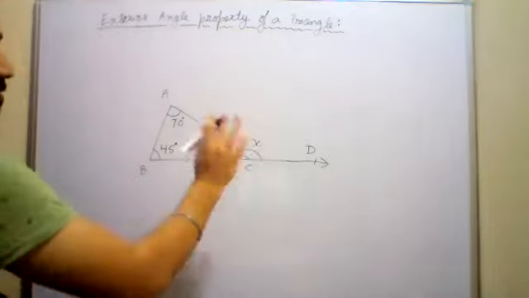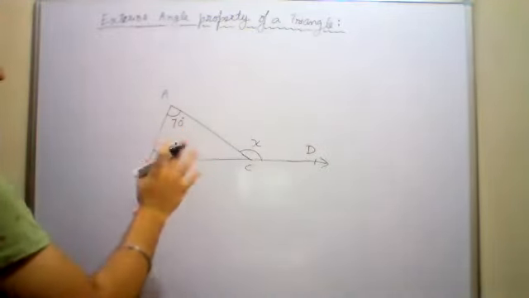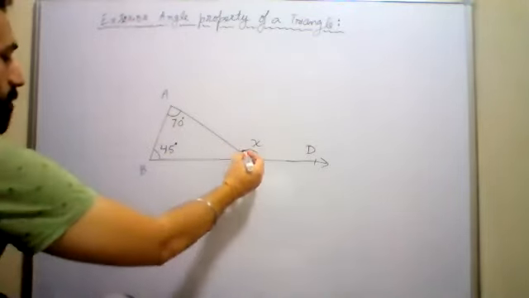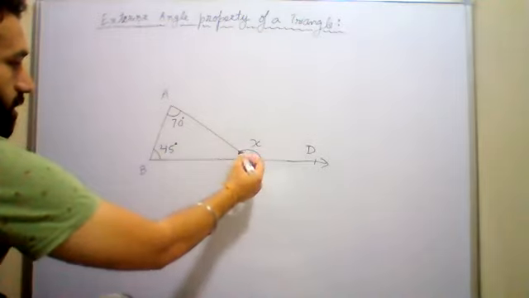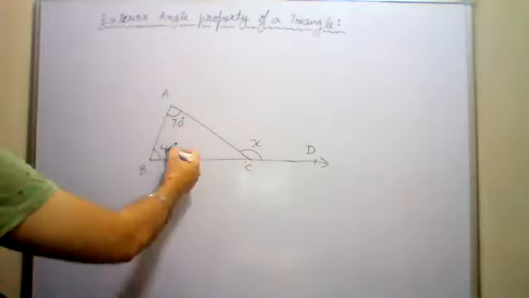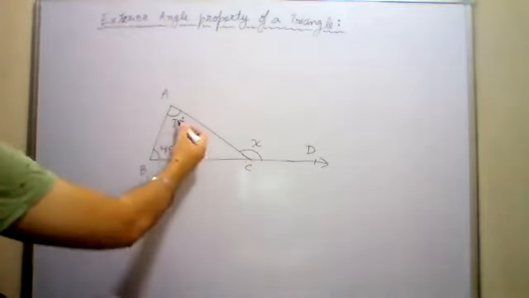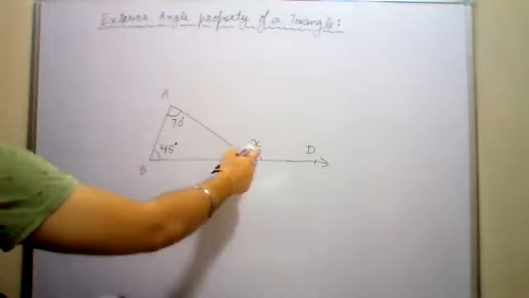Exterior angle. This is the property. The exterior angle property is, I am telling again, what is exterior angle property. This is your exterior angle. Exterior angle is equal to the sum of opposite interior angles. If I add these two angles, I will get the value of the exterior angle.